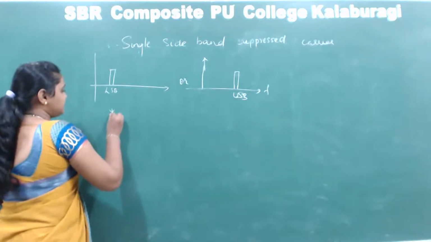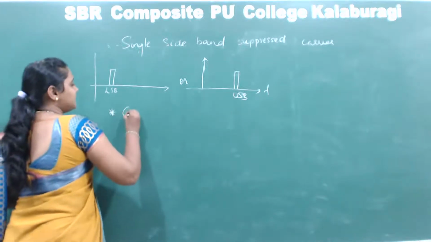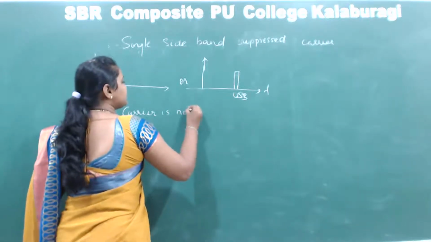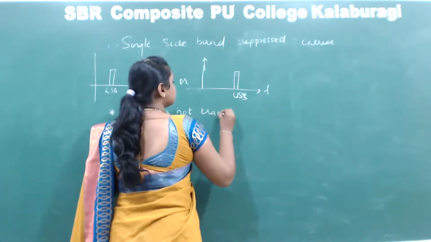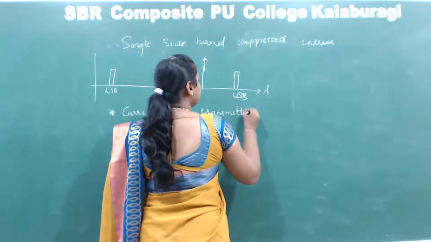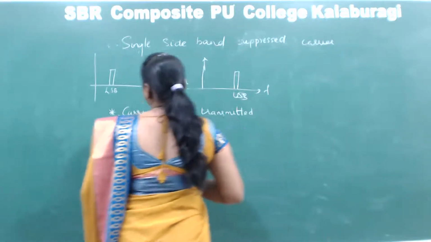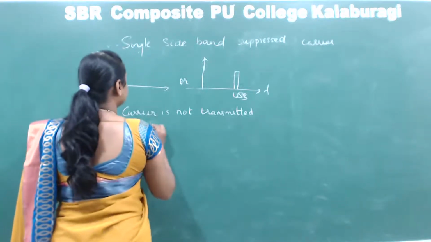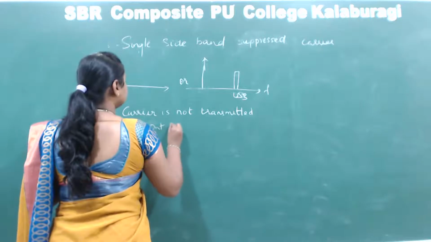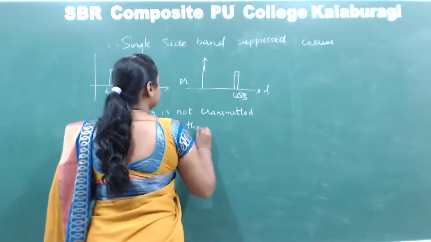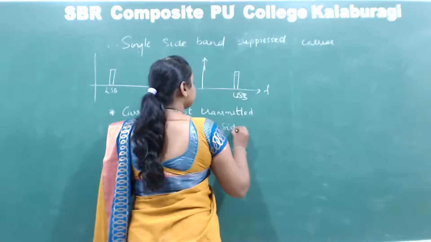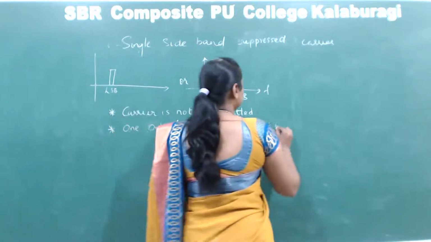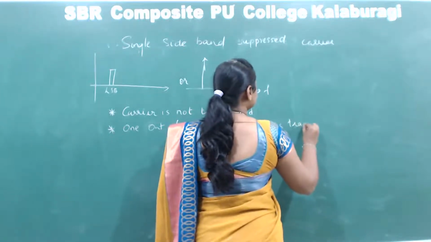Okay. So carrier is not transmitted. One out of the two sidebands is transmitted.